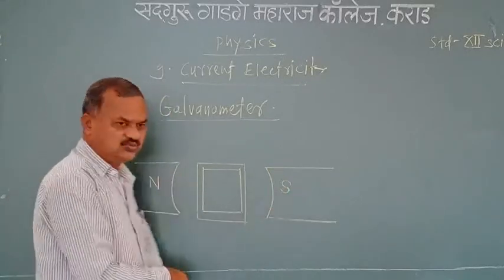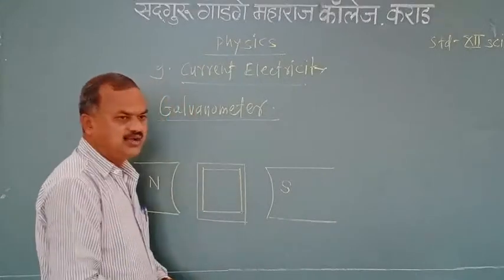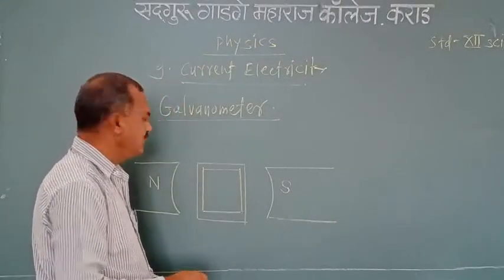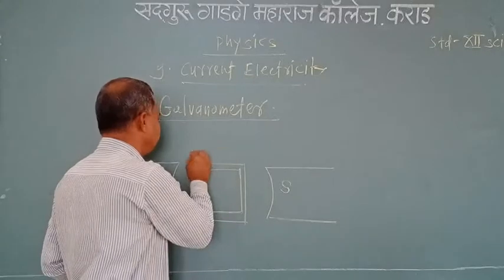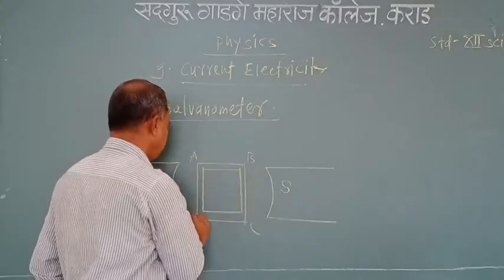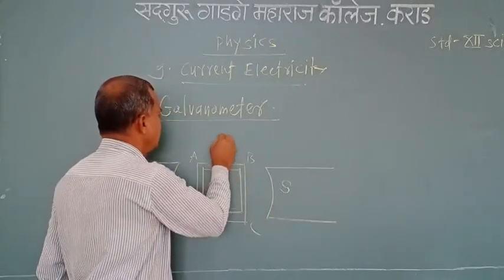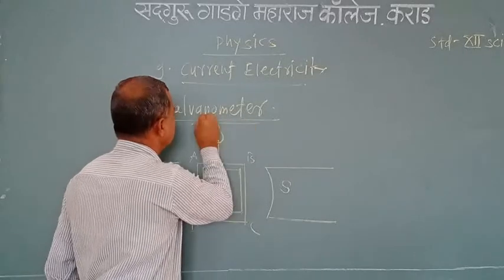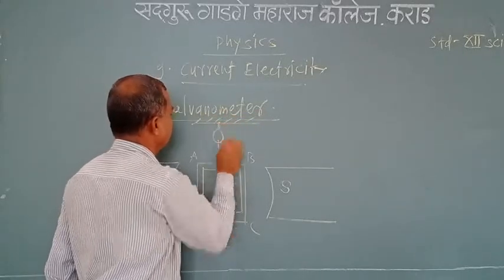Due to these two pole pieces, a radial uniform magnetic field is developed across this coil. This coil is freely suspended to the rigid support like this.